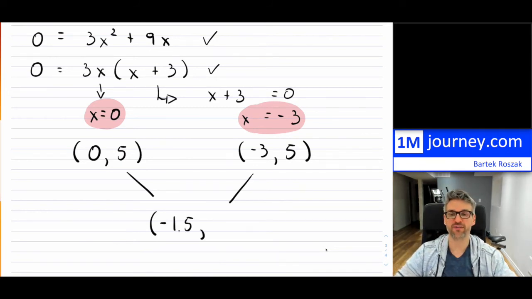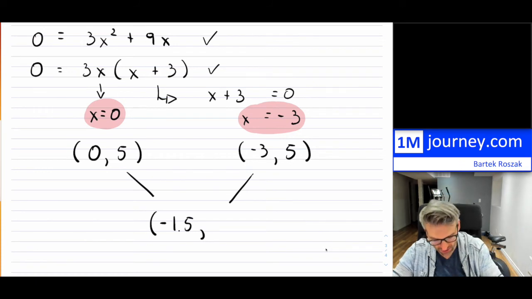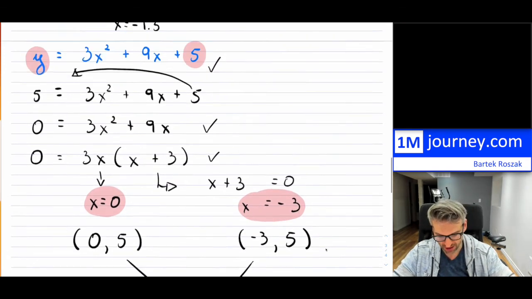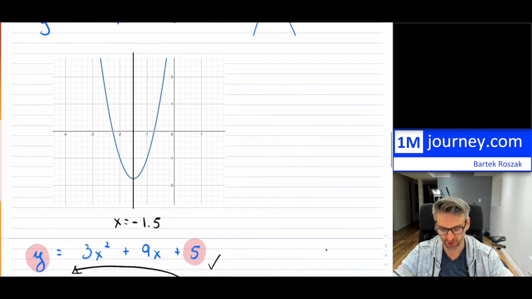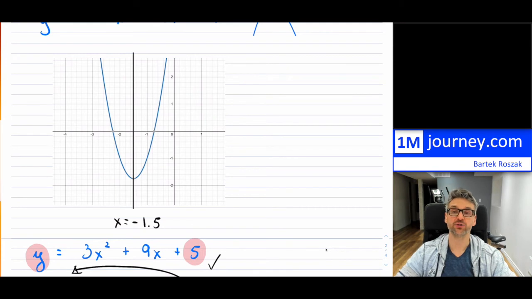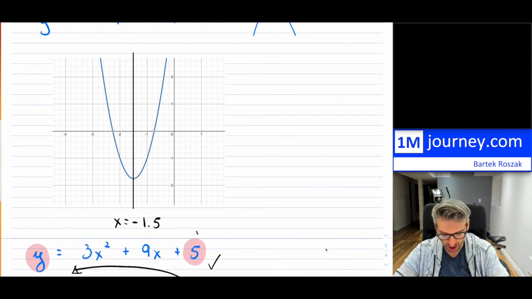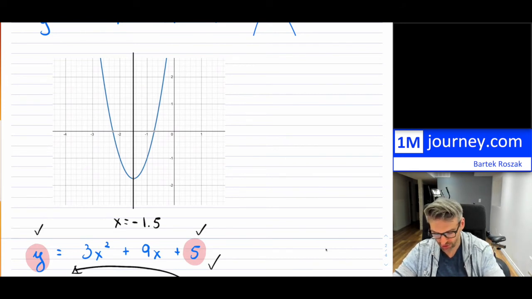And of course 5 plus 5 is just 10, divided by 2 is still 5. And here is your line of symmetry. Your line of symmetry went through negative 1.5. And that's how you can always find it, pretty simply, by always setting your y equal to your c.